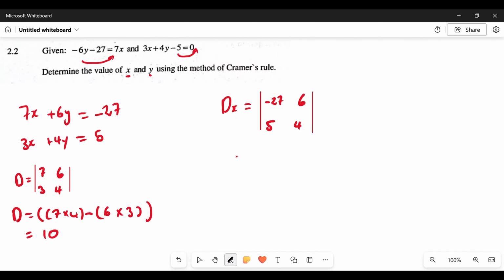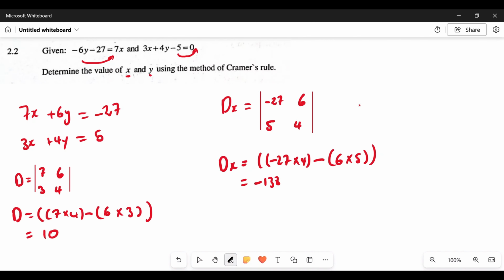Right, there we go. Now we do the very same thing that we did here. Dx is going to equal, you multiply the first entry with the last entry, which is negative 27 multiplied by 4, minus the second entry multiplied by the third entry, which is 6 multiplied by 5, and all this is going to give us negative 138.